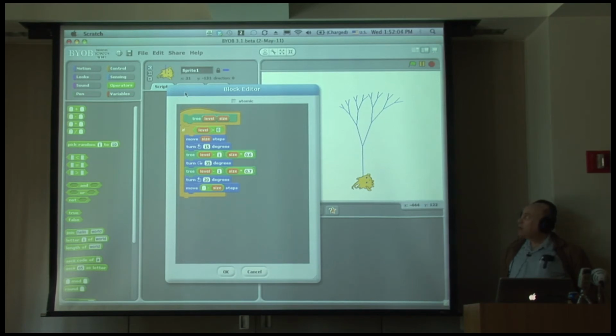Yeah. But this is the canonical example of a recursive program. And if you want to understand it, the absolutely only way to do it is by seeing that this tree consists of a trunk and a little tree and a little tree.